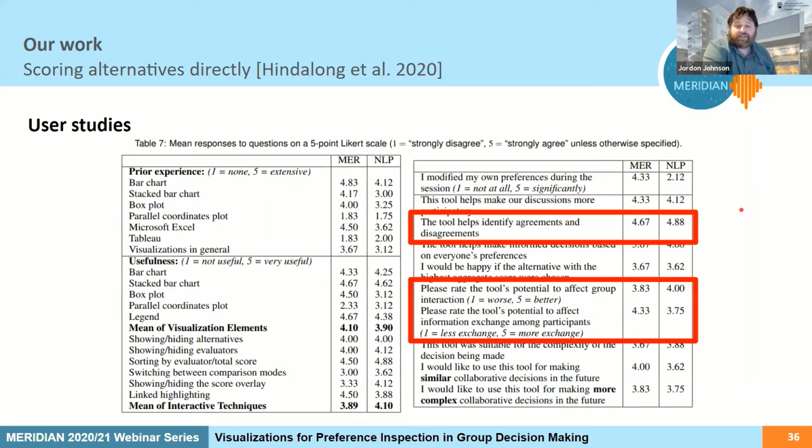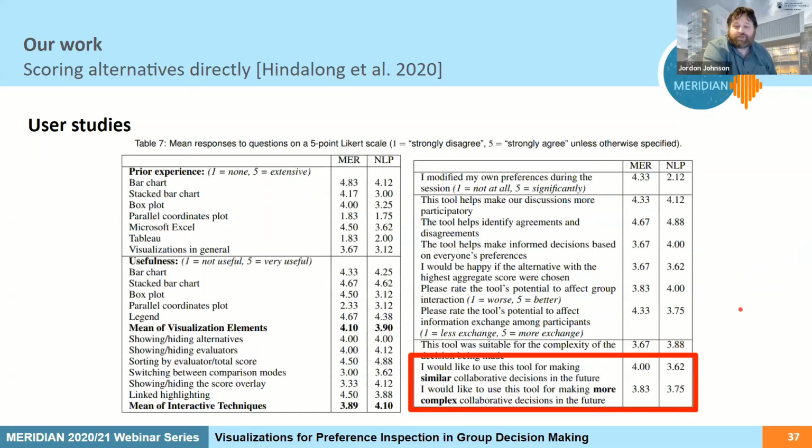A number of other findings: the respondents said that the tool helps identify agreements and disagreements and results in overall better and increased information exchange among the group. They also said that they would definitely want to use the tool for making similar and in some cases even more complex collaborative decisions in the future. So, preliminary evidence of utility, grateful to see that.